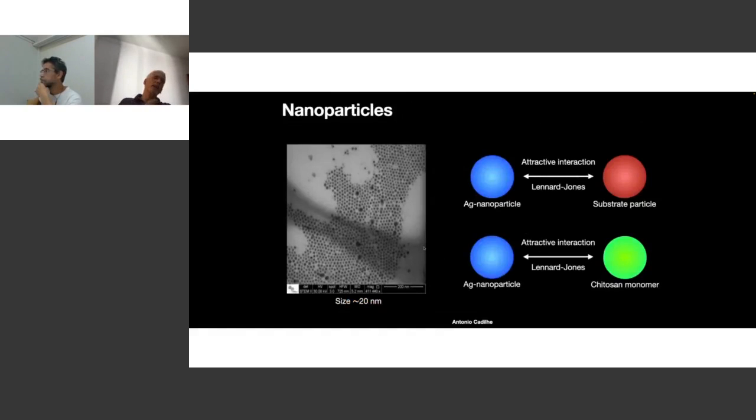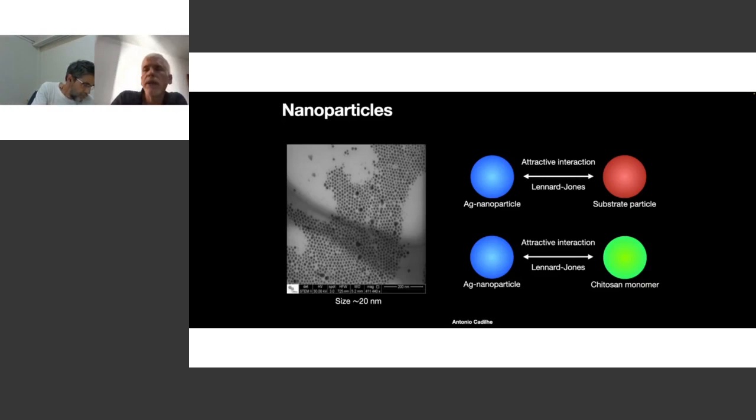In a discussion in the middle of last year, we realized that sometimes the nanoparticles form aggregates. From an experimental point of view, this is not the best situation. The best situation is where they are fully dispersed.